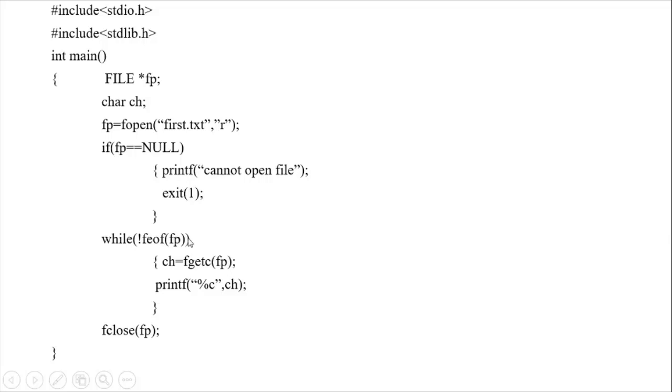And whenever it reaches the end of the file, the condition becomes false, then the loop terminates and closes the file. So feof is used for error checking. Whenever it reaches the end of the file, it returns a non-zero value. So that is about the feof function.